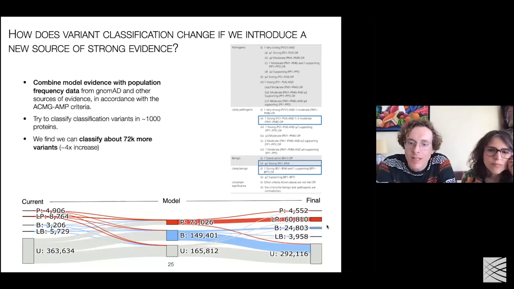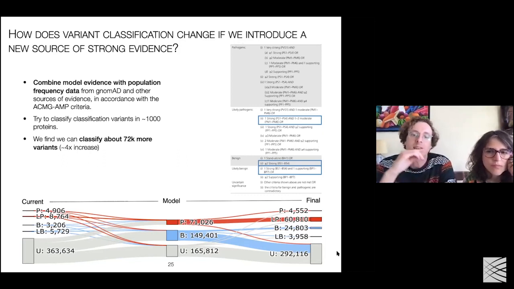In the final step, on the right-hand side, is what happens when we combine the evidence, treating this as a strong source of evidence together with evidence such as frequency data from gnomAD and other criteria from the ACMG. We see that a pretty significant fraction of the pathogenic variant labels end up being classified as pathogenic, but a far smaller fraction of benign end up being classified as benign.